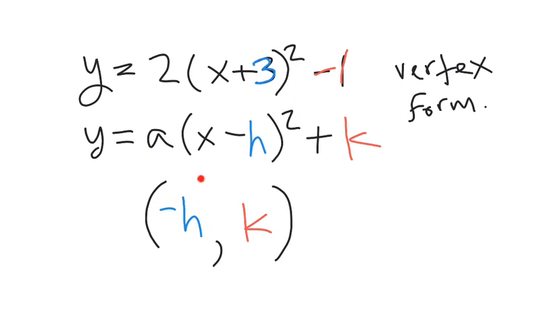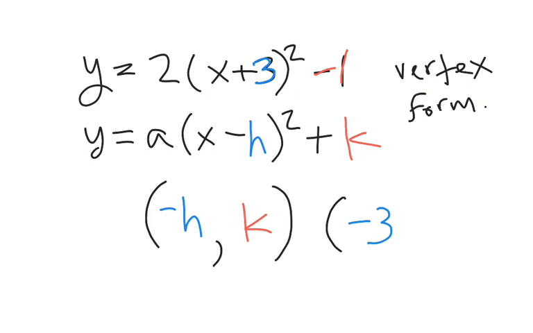So here's something to think about. Right here it says that I have a negative h. That means that it's the opposite of whatever is in here. So if I have a positive 3, I'm going to end up with negative 3. It's not necessarily always negative. If my h right here was negative 2, it would be positive 2. It's just the opposite of what is inside the house.